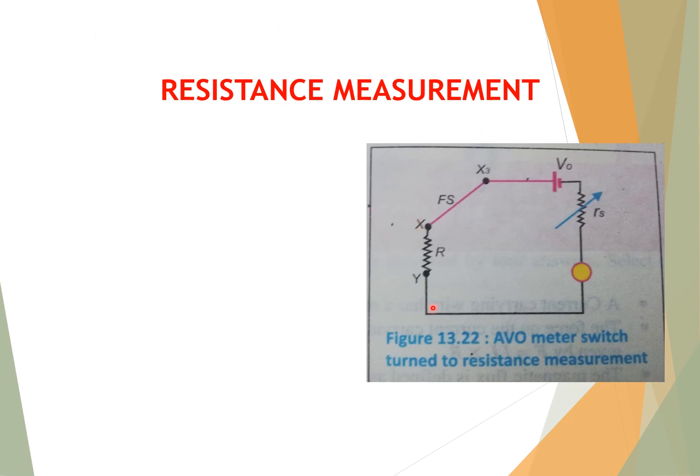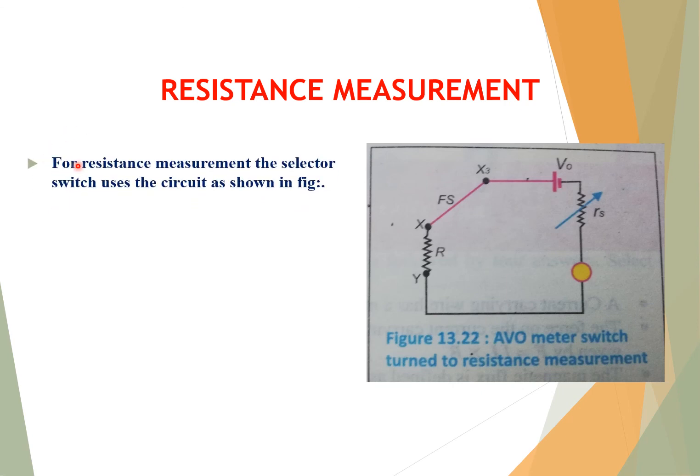If there is no resistance or zero resistance, then deflection will be maximum, and when the value of resistance is high, then current flowing through the galvanometer will be reduced. For resistance measurement, the selector switch uses the circuit as shown in the figure.